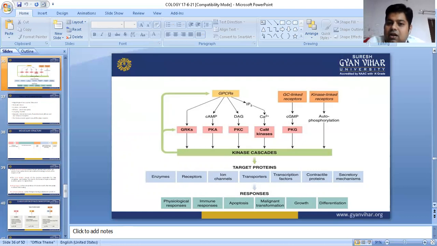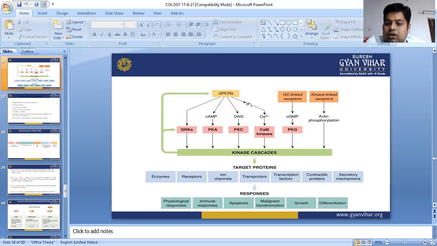The GC linked receptor also acts on cGMP by the phosphokinase guanosine activation pathway, and kinase linked receptors act on the autophosphorylation process. The targeted proteins are enzymes, receptors, ion channels, transporters, transcription factors, contractile proteins, and secretory mechanisms.